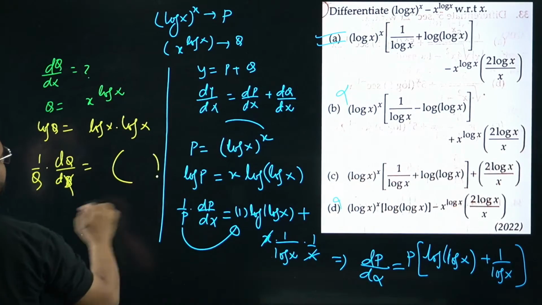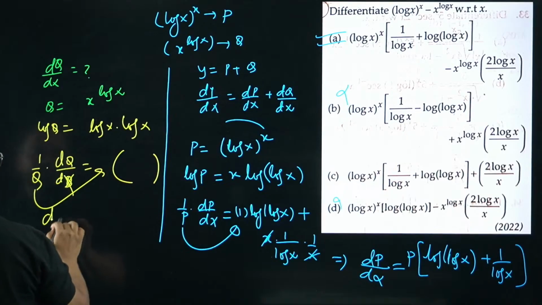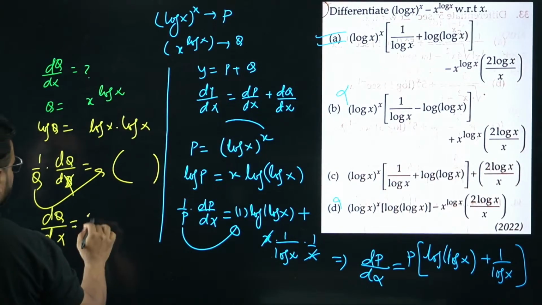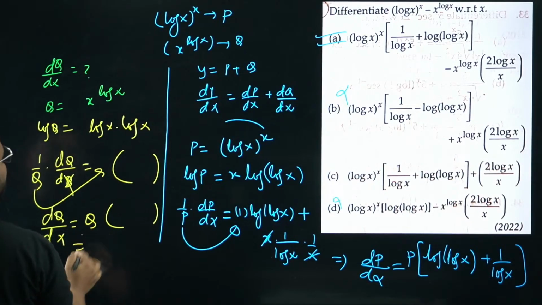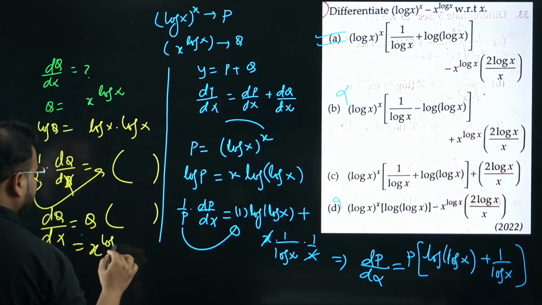Move this q to the other side, and you have dq by dx equals q times whatever is there, where q is x power log x.